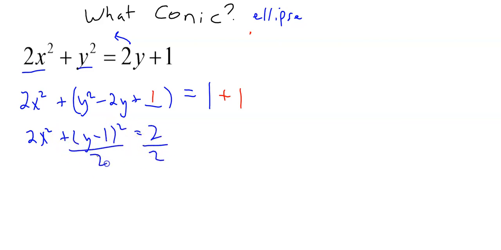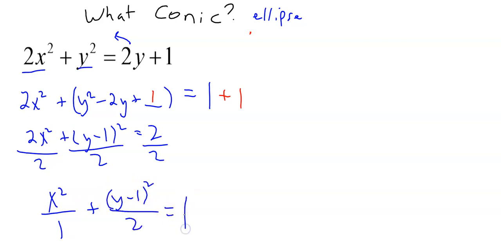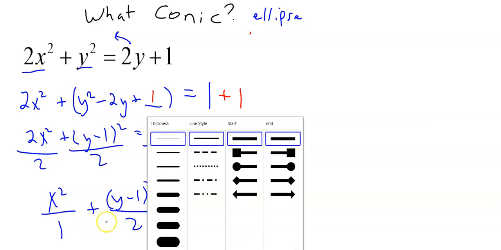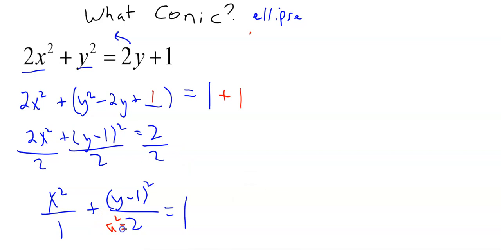Divide by 2. Get x squared, I'm going to write x squared over 1, it just might help us think about it, plus y minus 1 squared over 2 equals 1. So my a squared is 2, which means a is square root of 2. My b squared is 1, which means my b is 1.